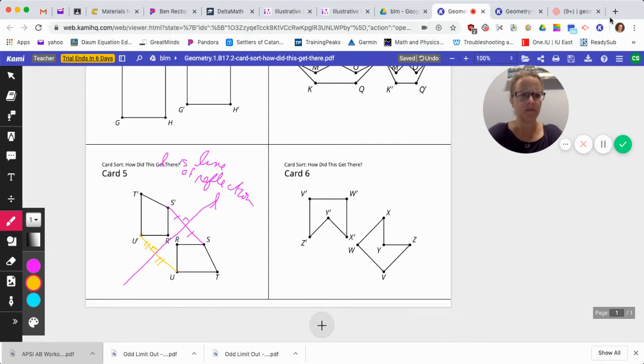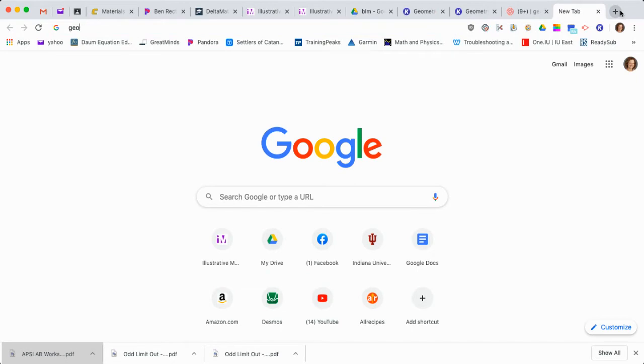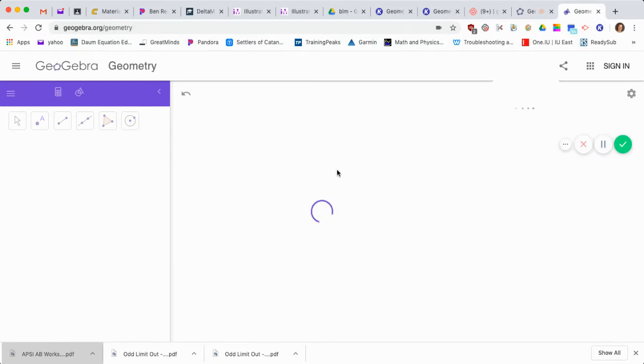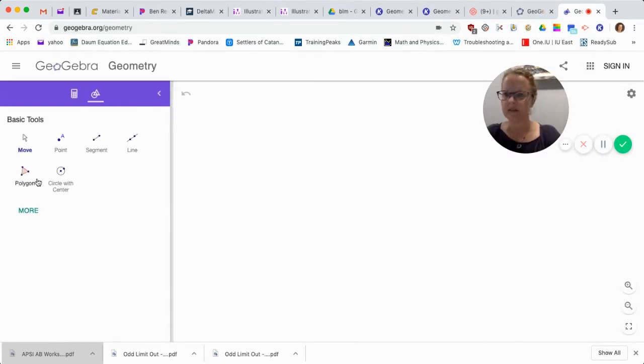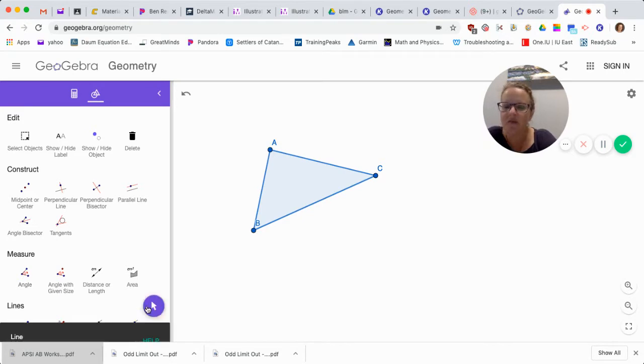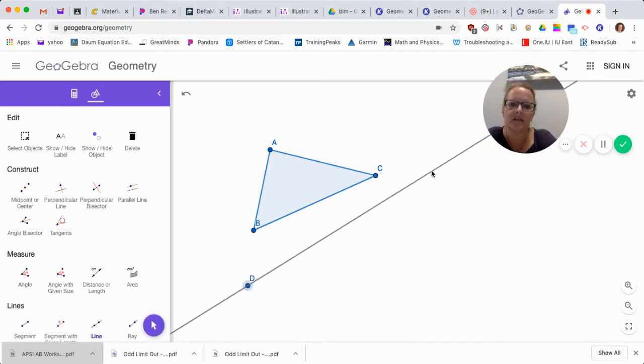All right. Let me do one more thing because I want to show you. So I'm going to make a polygon, and I'm going to reflect that polygon over a line, but then I'm going to erase the line.